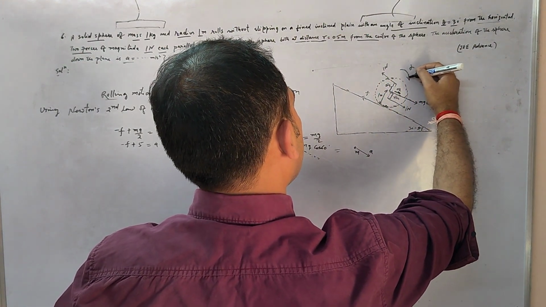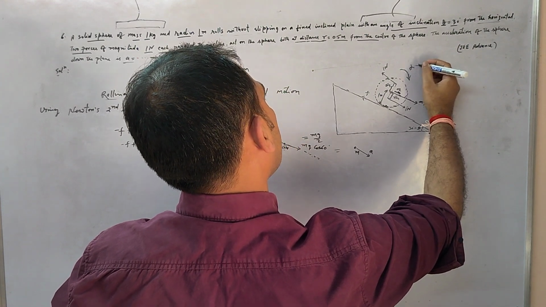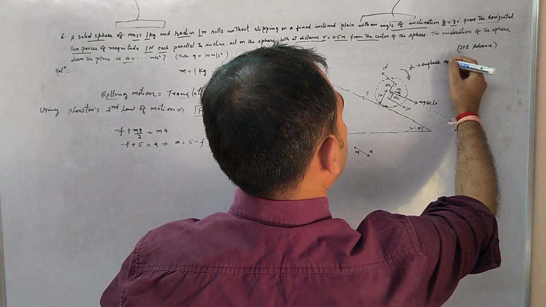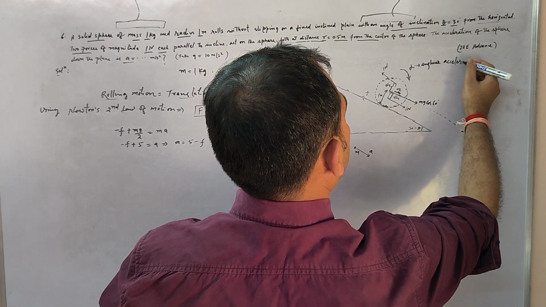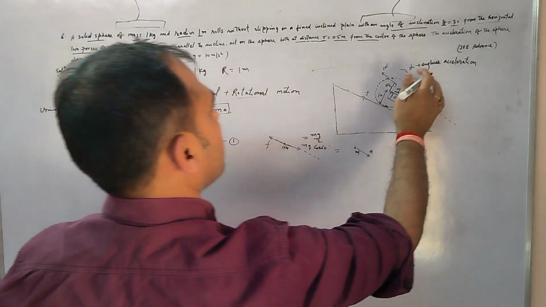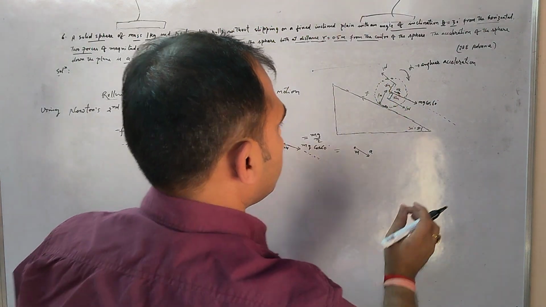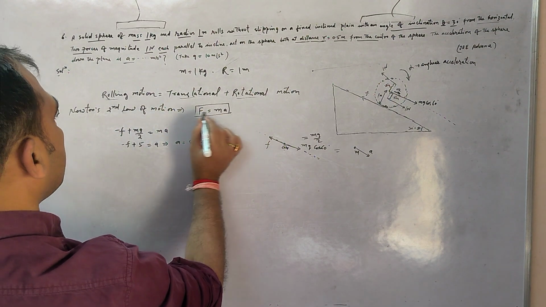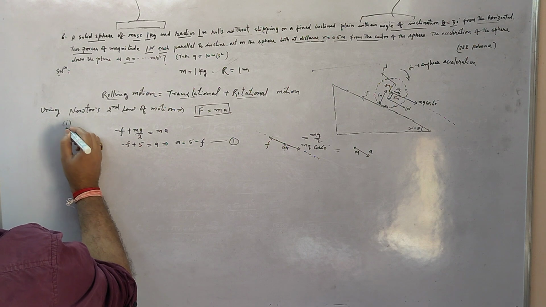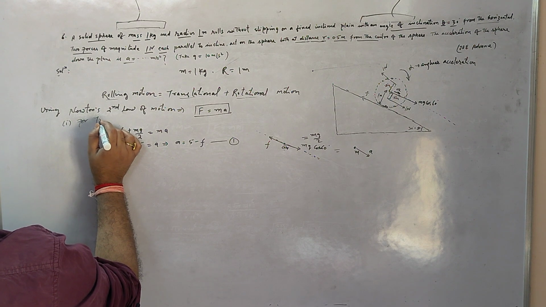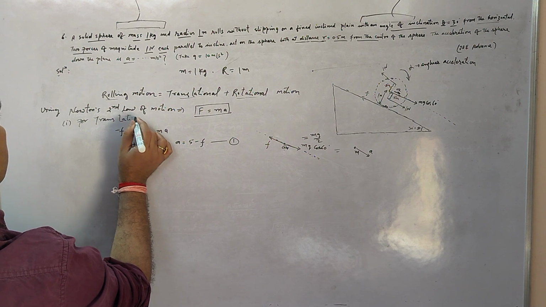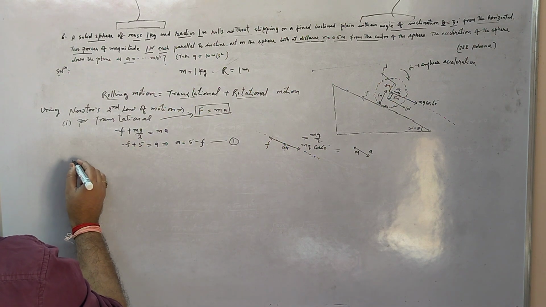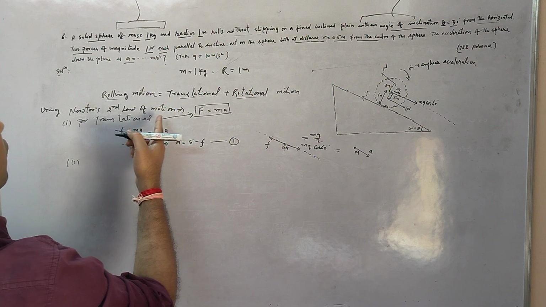So if this is alpha, the angular acceleration around this center of mass, then using the second law of motion, this was for translational, F is equal to ma. Now let us discuss Newton's second law of motion for rotational.